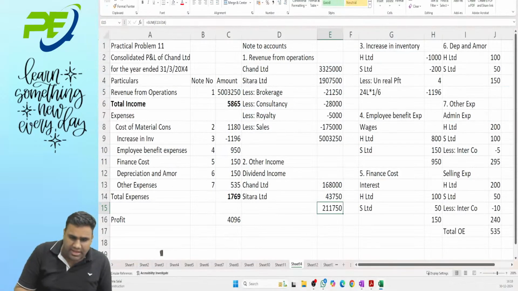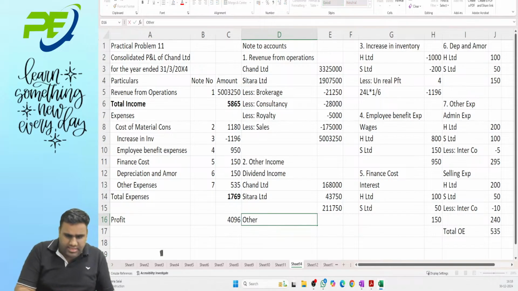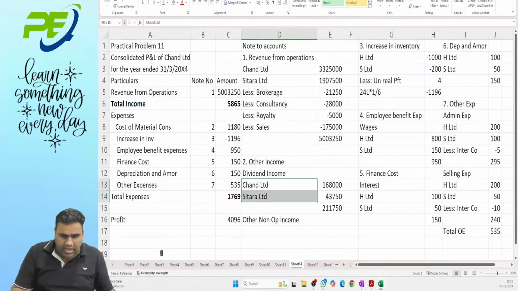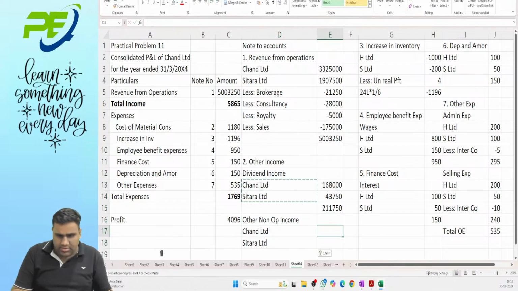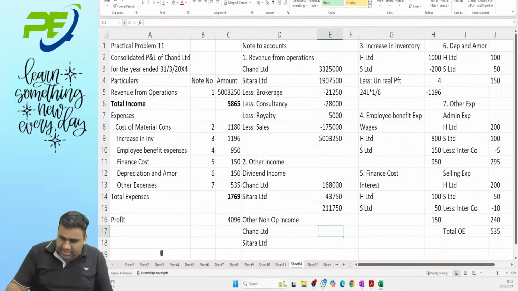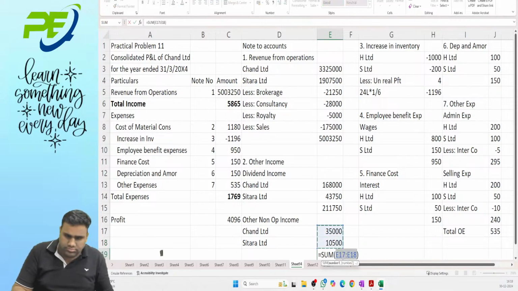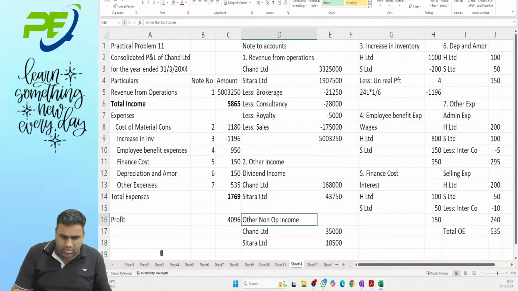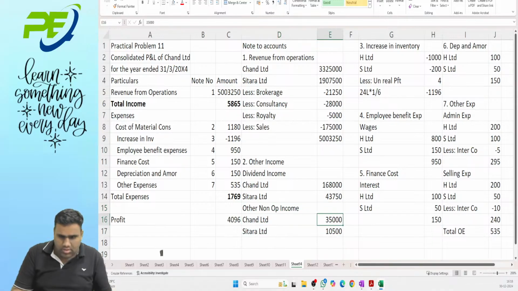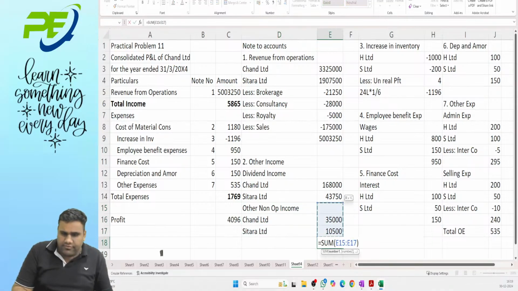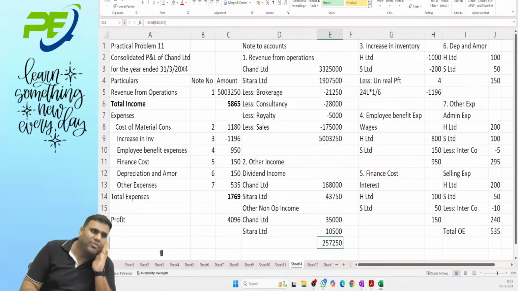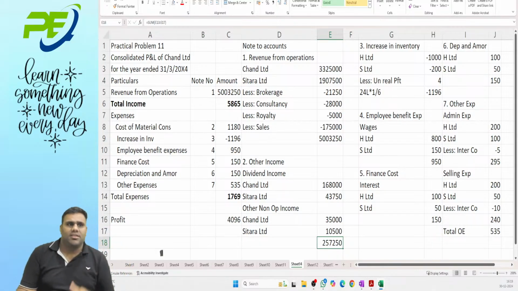Other non-operating income is also there, again Chand and Sitara: 35 and 10,500. So 2 lakh 57,250. 257,250 is a blunder. Think and tell why.